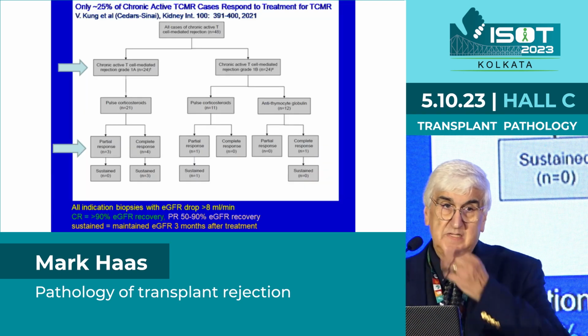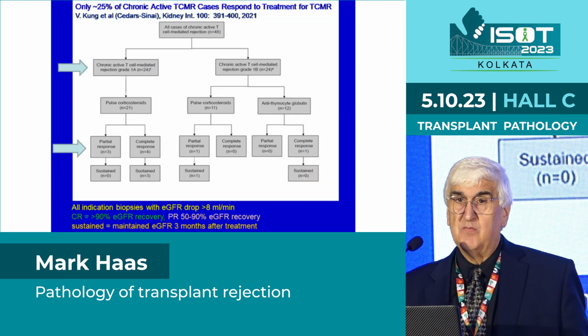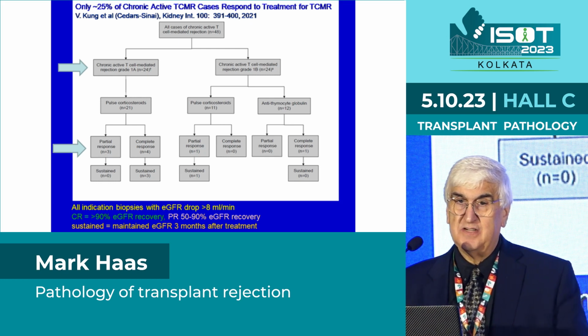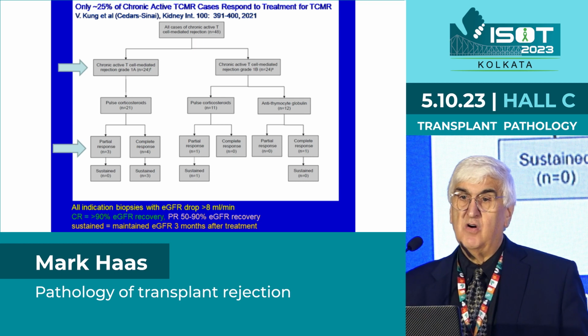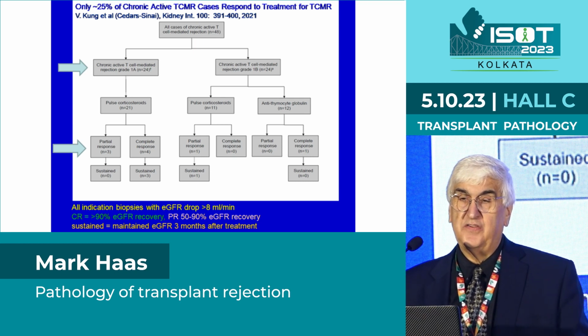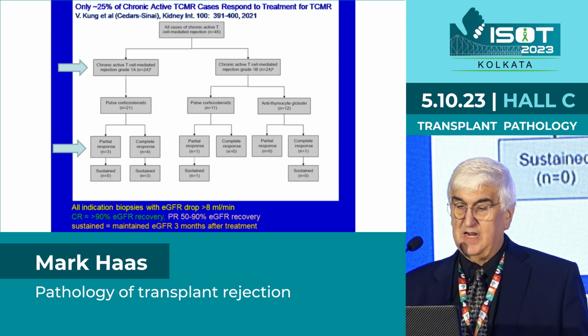The problem is that at this point we're not really clear if chronic active cell-mediated rejection truly in all cases represents cell-mediated rejection, or is this a heterogeneous type of lesion?